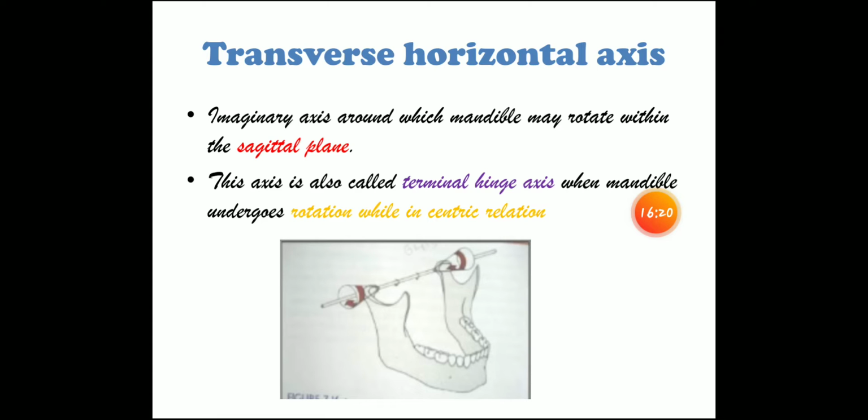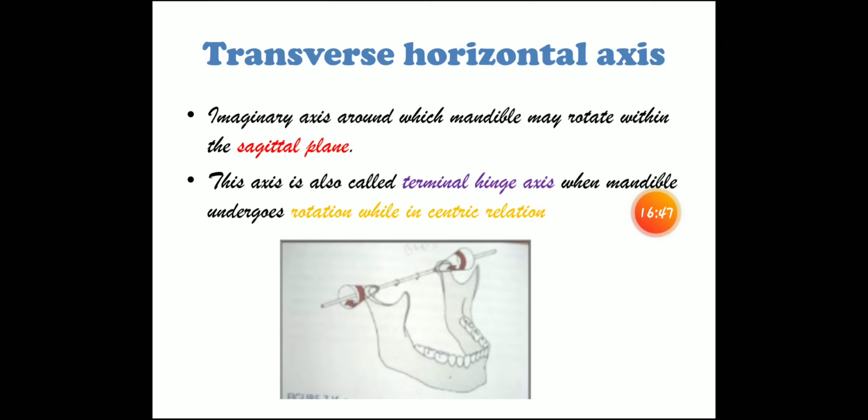Almost all mean the same, but to be specific, if the rotation axis is calculated in the centric relation position, it is called a terminal hinge axis. Okay, what is transverse horizontal axis? It is an imaginary axis around which the mandible may rotate within a sagittal plane. The same thing, almost equal to the hinge axis we have discussed.